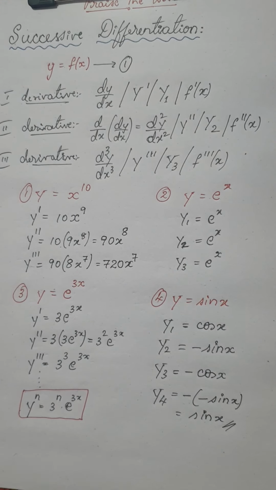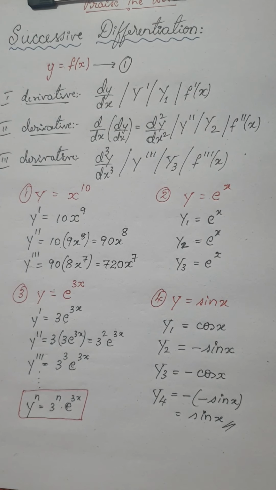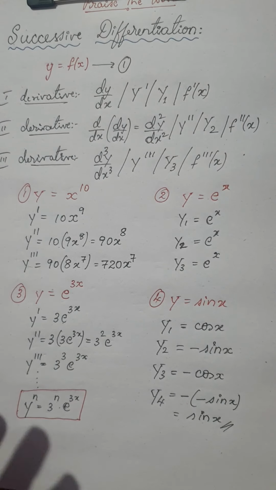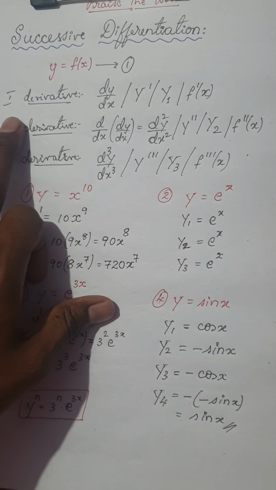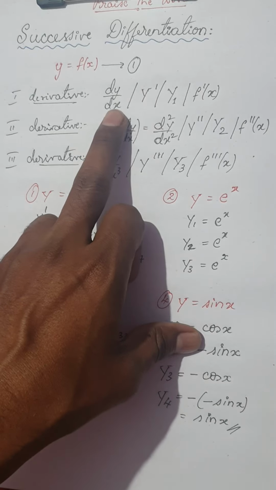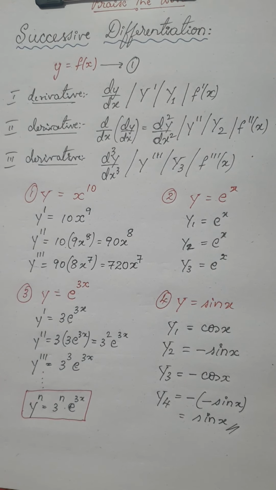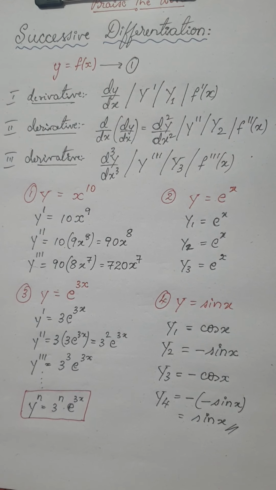Okay, so this is how you find the derivative, called successive differentiation, means we are going to find the derivatives successively. Okay, until now we have just found out the first derivative of any given functions, but in this section and in this topic we are going to see the concept of successive differentiation.